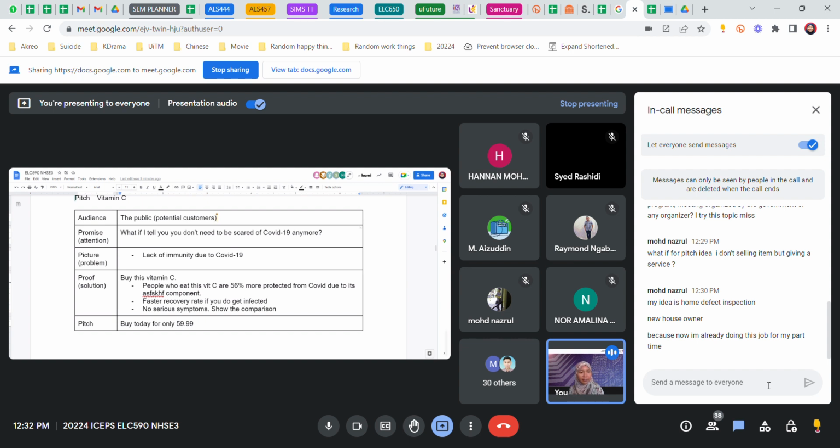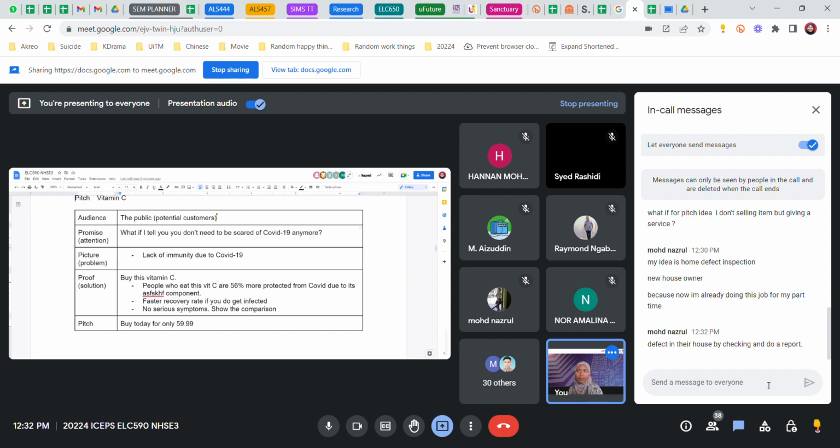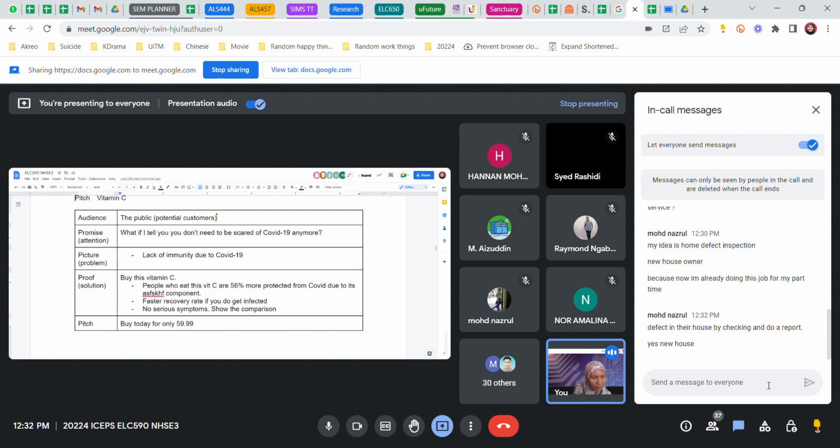Okay. Home defect inspection. Do you mean for like super new home, like so you can take it up with the developers? Defect in their house by checking and do a report. Okay. And then what do they get?